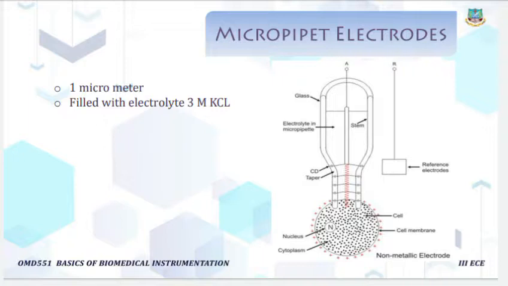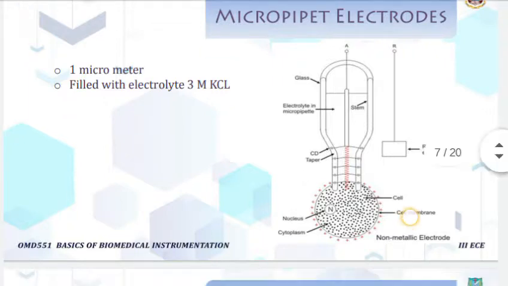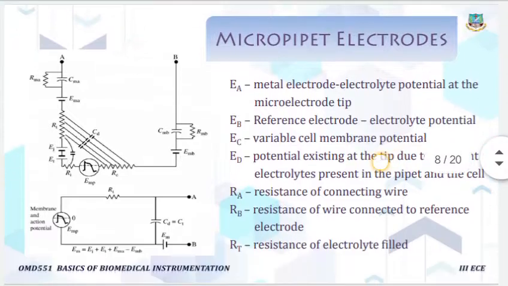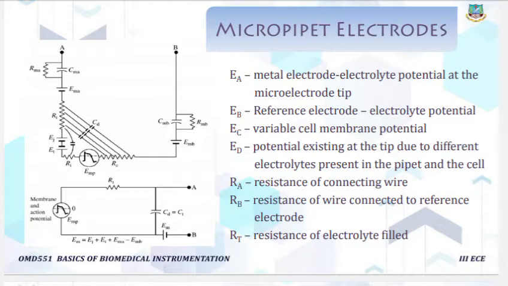A thin flexible wire of silver chloride, stainless steel or tungsten is inserted into the stem of the micropipette. The friction between the wire and the stem of the micropipette and the fluid surface tension hold the micropipette on the wire. The other end of the metal wire is mounted to a rigid support and the other end is resting on the cell. This is the equivalent circuit of the micropipette electrode.